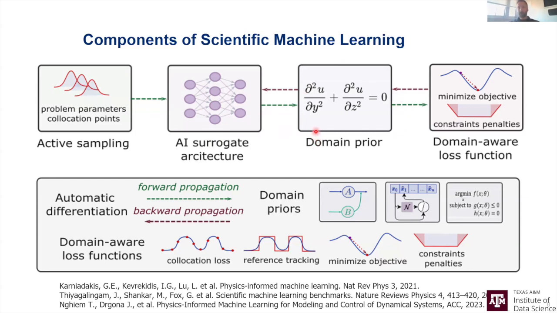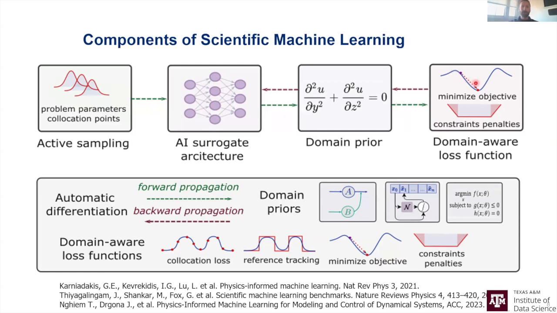This can be a partial differential equation as a layer in the architecture, or it can be some inequality constraints or other form of dynamical system representation, like a state space model, that provide inductive biases or specific structural components that help to solve the task at hand.